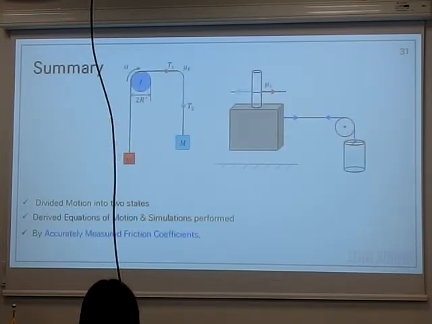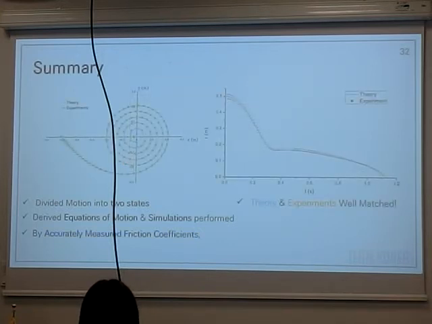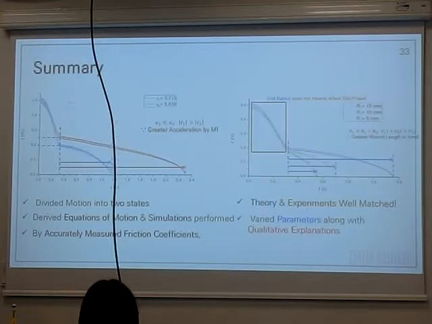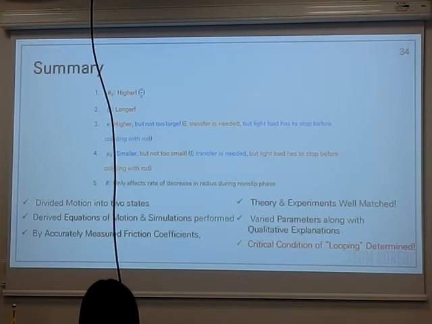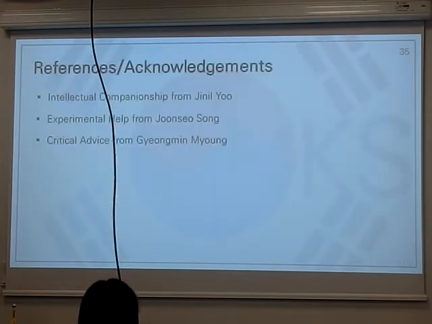By accurately measuring friction coefficients, we were able to see that our theory and experiments are well matched. We also varied parameters, along with qualitative explanations of the role of each parameter. And finally, we determined the critical condition for looping. These are my references, and thank you.